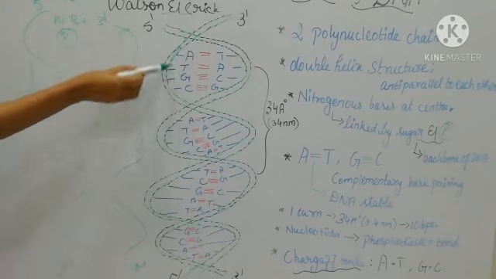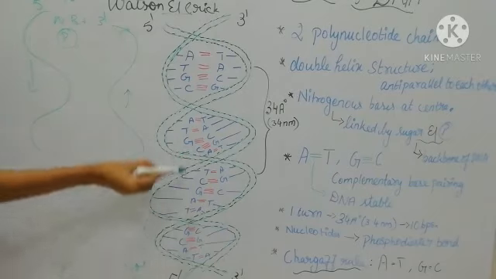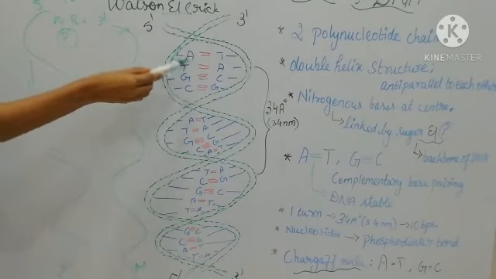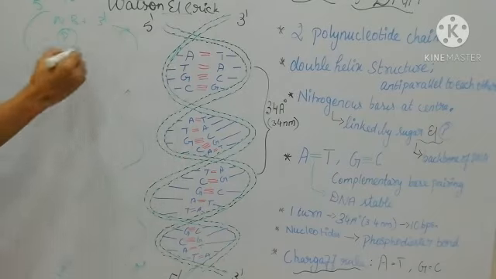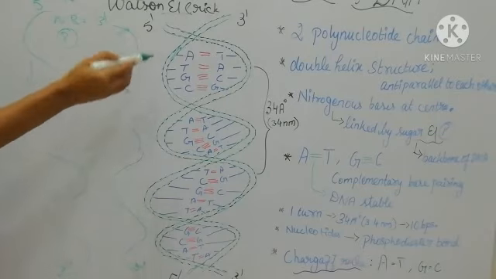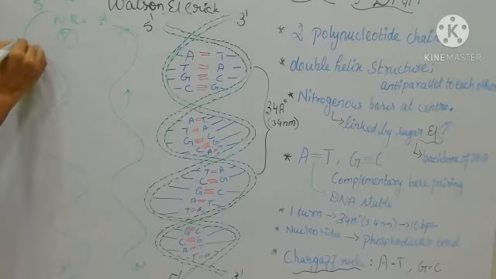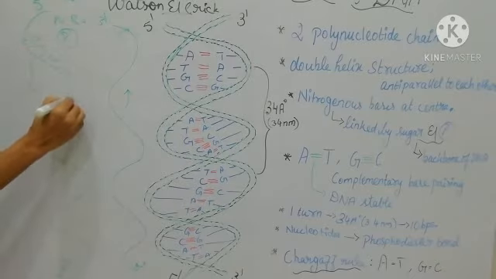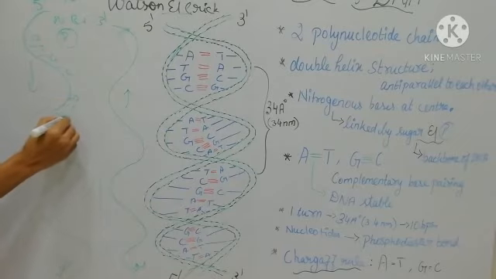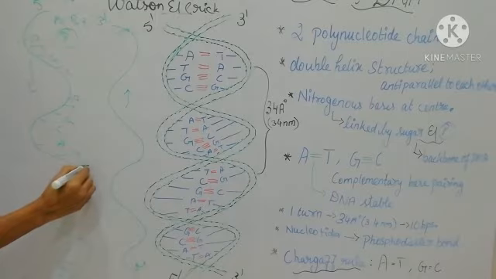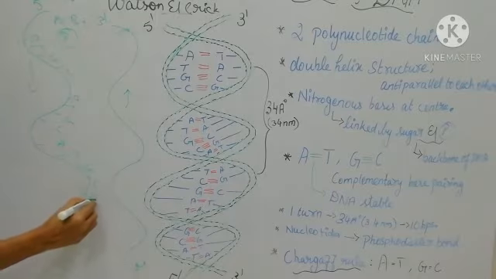These are the nitrogenous bases and they will be present at the center, that is, in between these two chains. So here the nitrogenous bases, that is A, T, G, C, A, T, G, C, will be present like that.